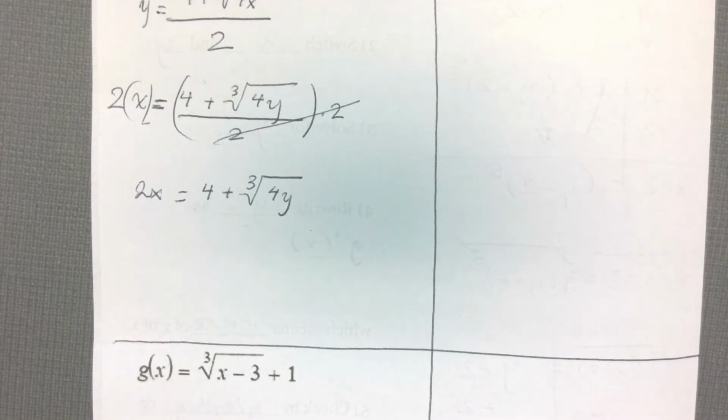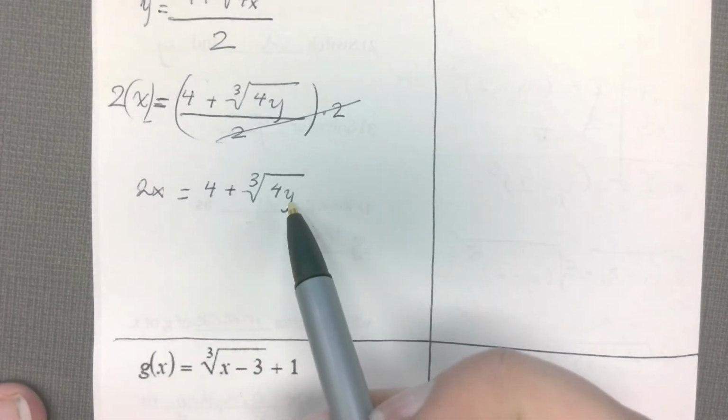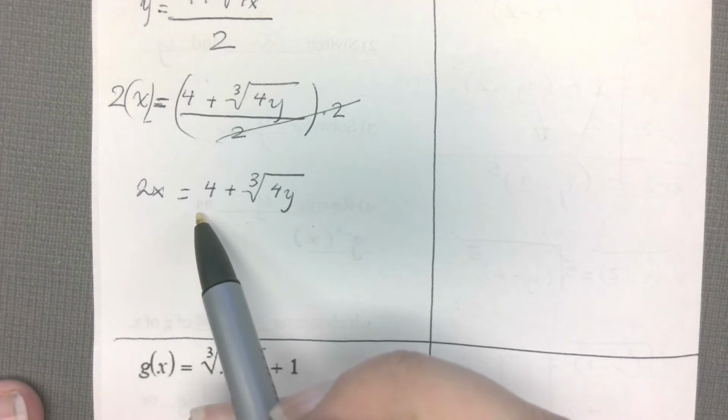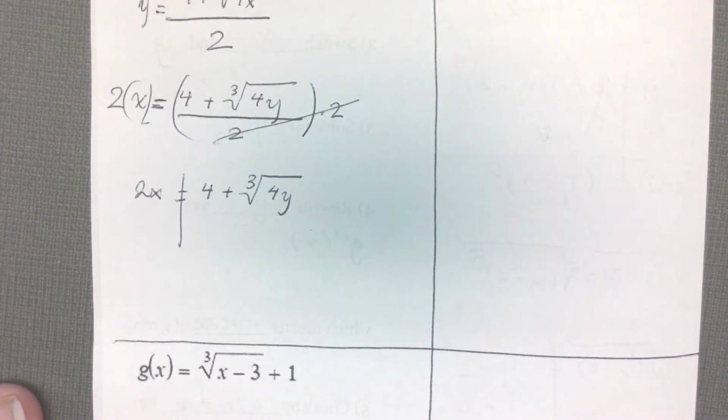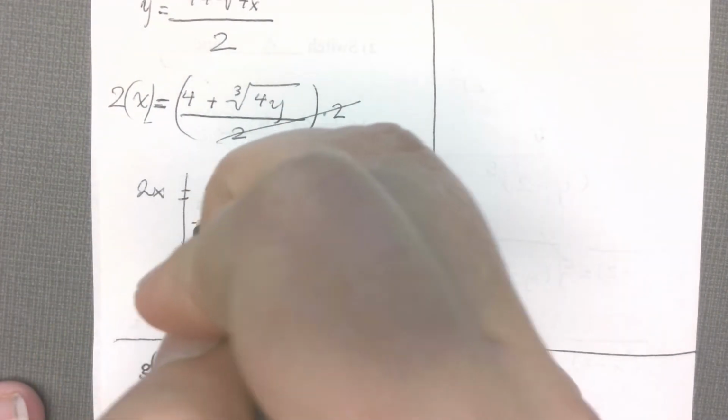Which term do we want to move? Do we want to move the group with the y, or do we want to move the number? The number, because we want that y by itself. How am I going to move that? Way to go, Holloway.